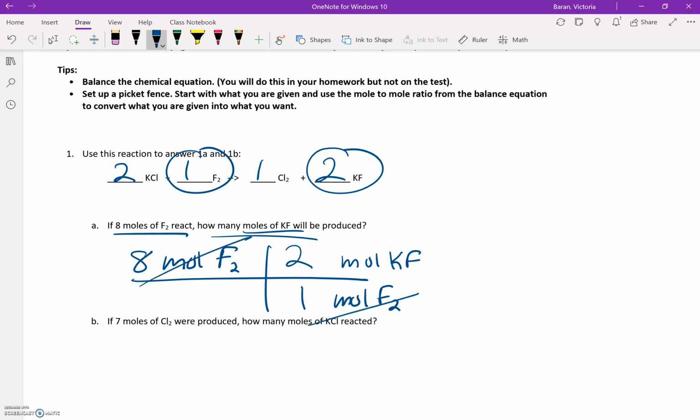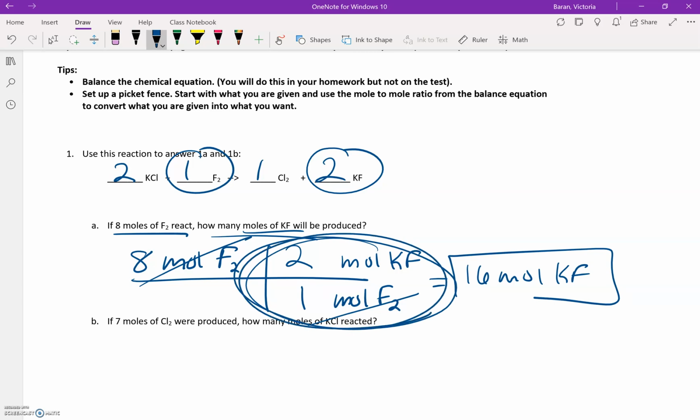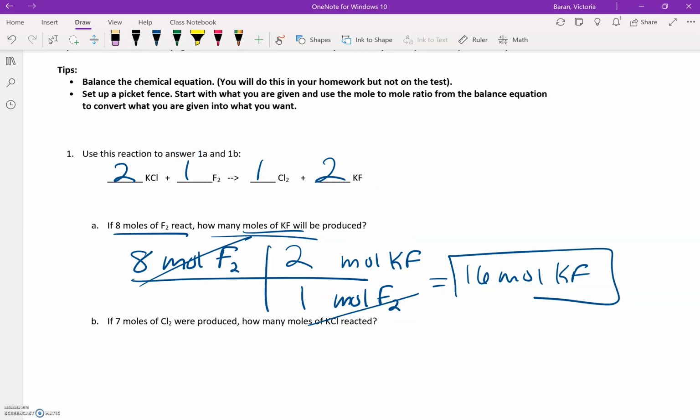Moles of F would cancel in the top and the bottom, and I would do 8 times 2 to get 16 moles of KF. So the numbers that you're plugging in here from your picket fence, you are getting them from the balanced equation. So this is how I converted between moles of F2 to moles of KF, which are 2 different substances.